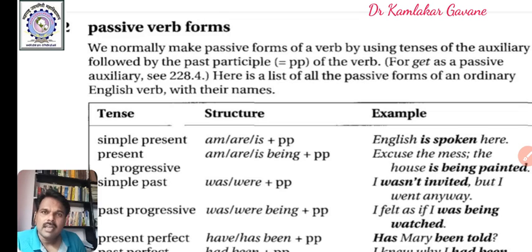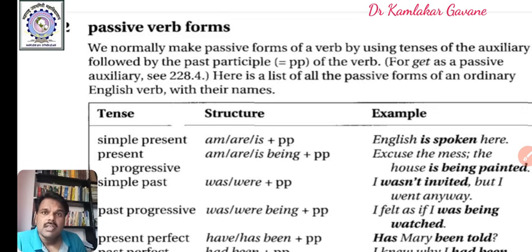I must tell you, voice will help you in constructing a variety of sentences, active sentences and passive sentences. A voice is a grammatical category which denotes whether the action in the verb is done by the subject or is expressed by an agent.